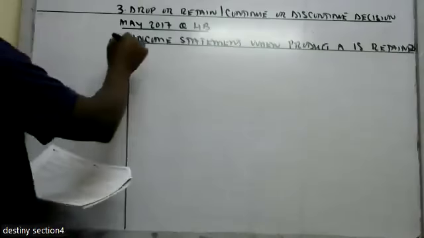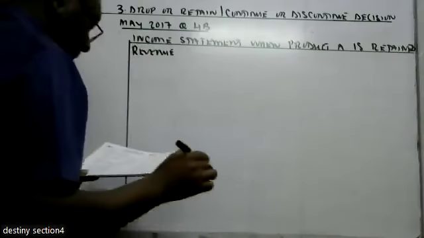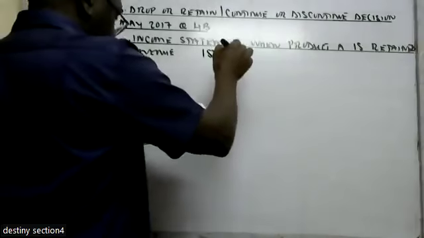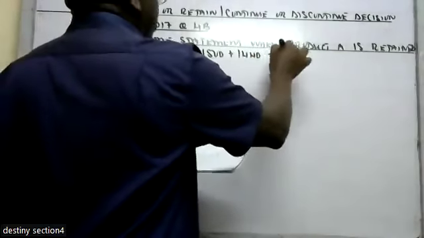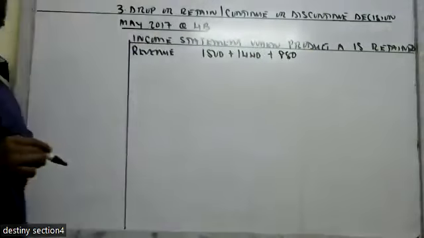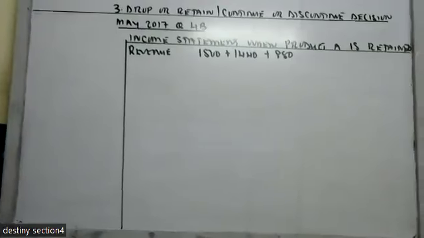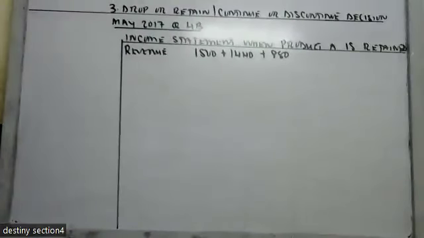I have told you we work with totals. So we are going to say revenue. If we retain A, tutakuwa na hii revenue ya 1500, na hii revenue ya 1440, na hii revenue ya 880. That's 820.